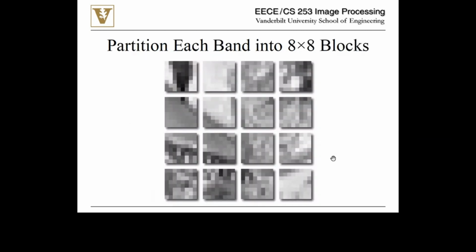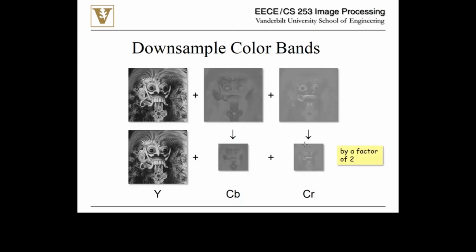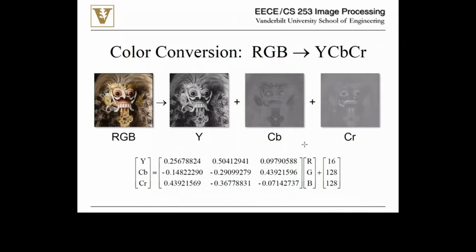But okay. So the next step is a rounding, actually. So you don't keep these numbers as floating numbers. You have to maintain an integer again, 8 bits again.